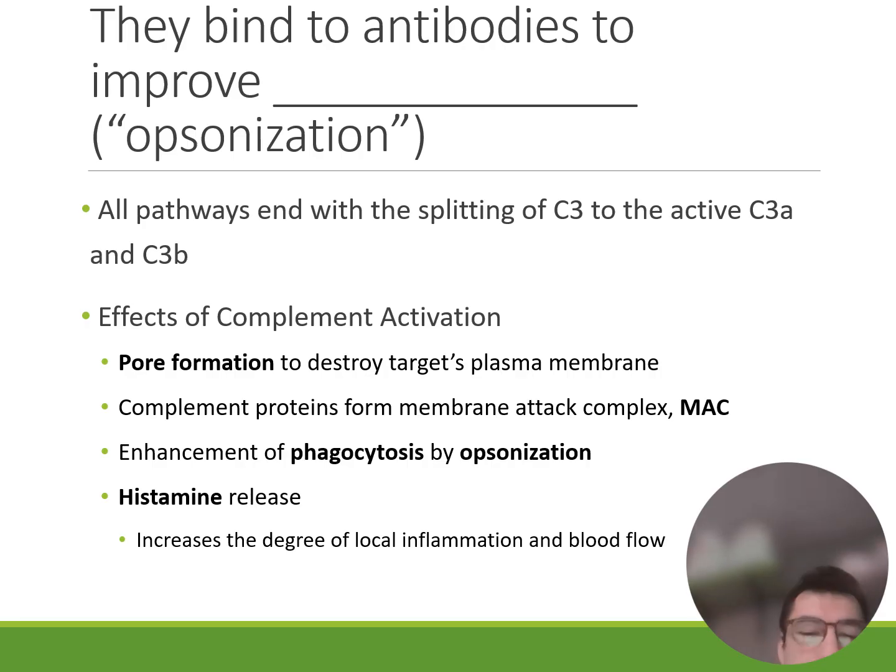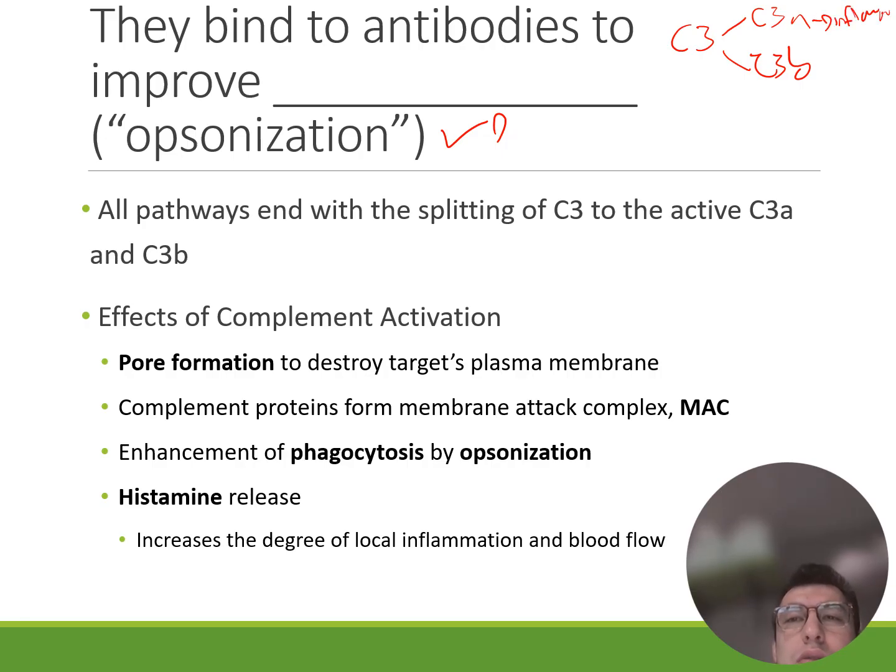So when we have a complement bind to antibodies to improve opsonization, this is the concept that we just discussed, where we have C3 divided into C3a and C3b. C3a goes to help with inflammation, so recruitment of resources, and C3b is the one that actually binds to that pathogen.